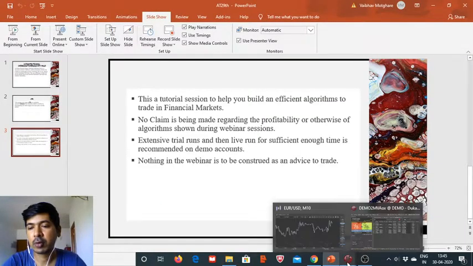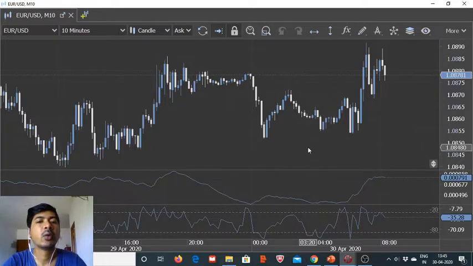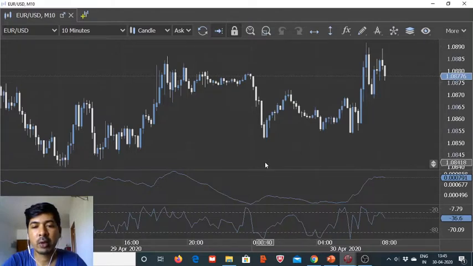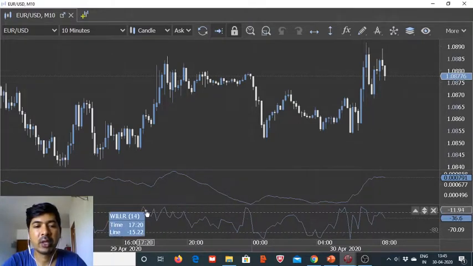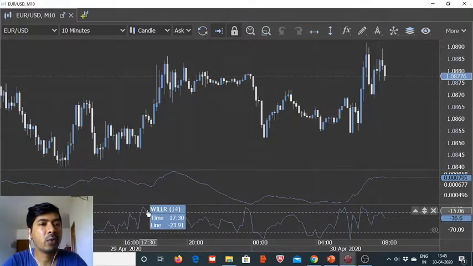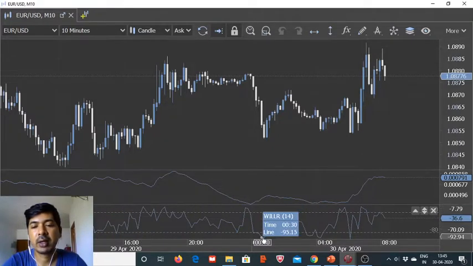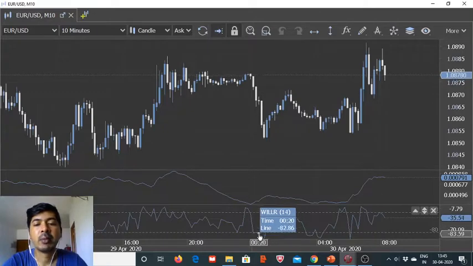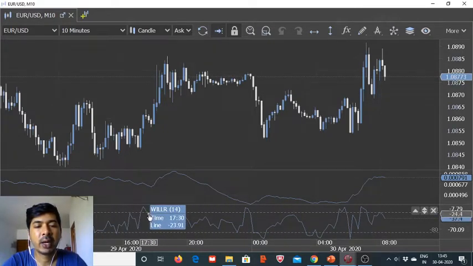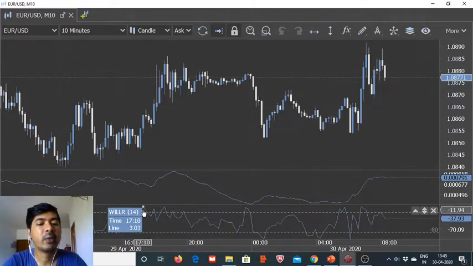First, we will go to the charting to see what has been the idea on which we have been working so far. Basically, we are looking for the buy trade when the Williams R goes above the minus 20 level, and the sell trade when it is below minus 80. For that, we are utilizing the Williams R indicator on the 10 minutes with shift 3.